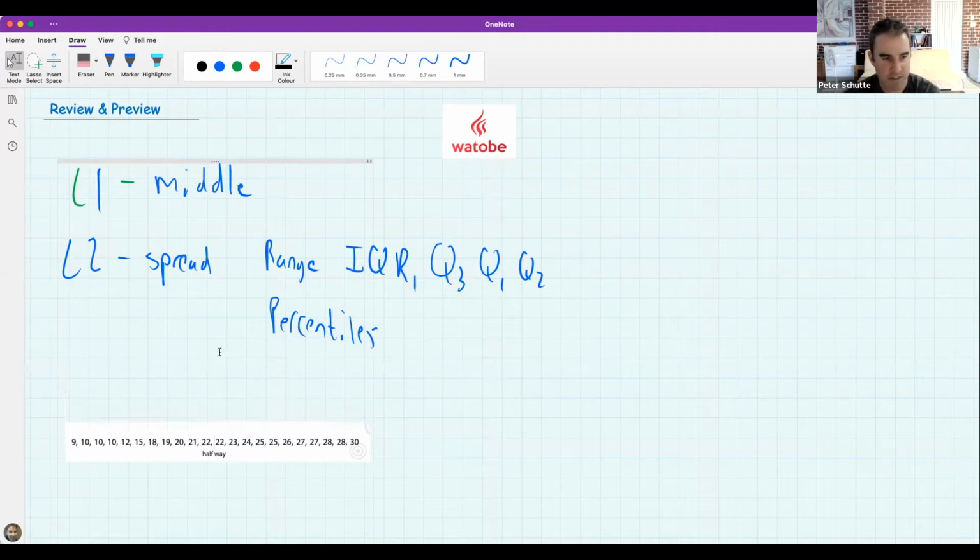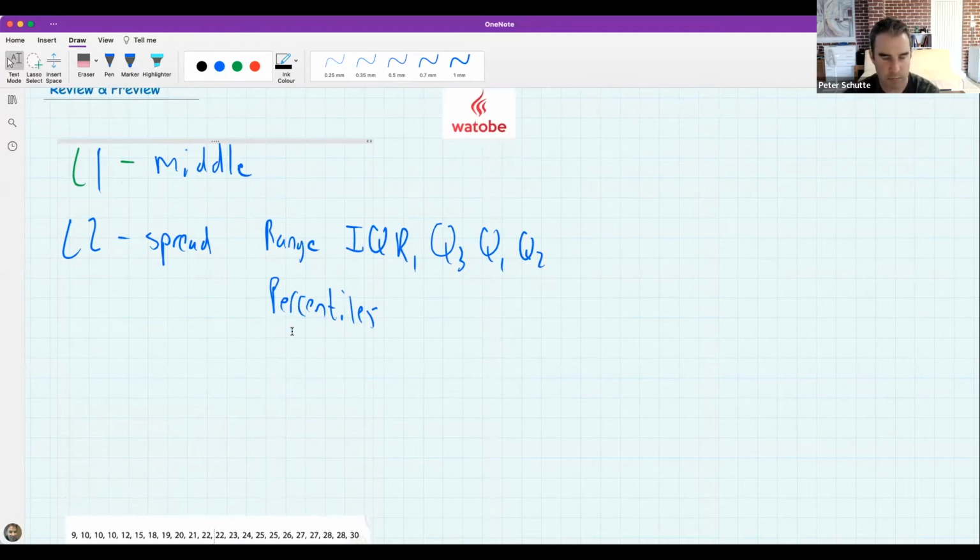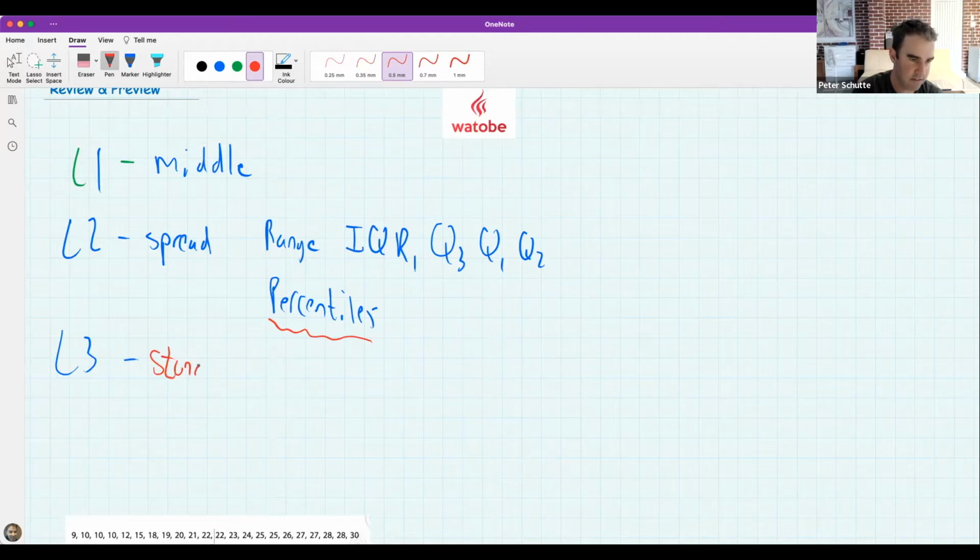After working with percentiles a little bit, we are going to talk about another measure of spread. So today will be a little bit of the percentiles that's left over, and then we're going to do something called standard deviation. Standard deviation is also a measure of how spread out the data is, and it's very common in science.